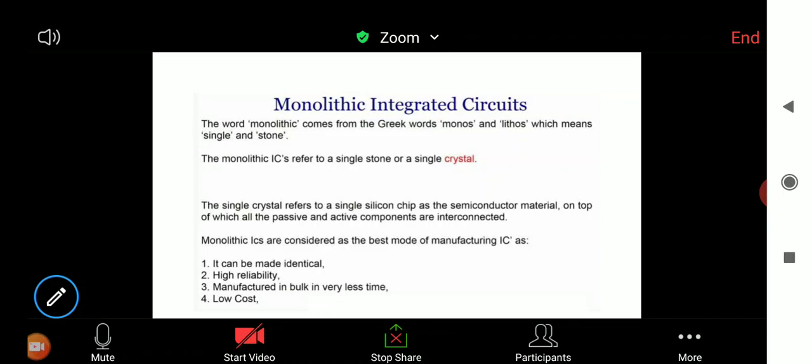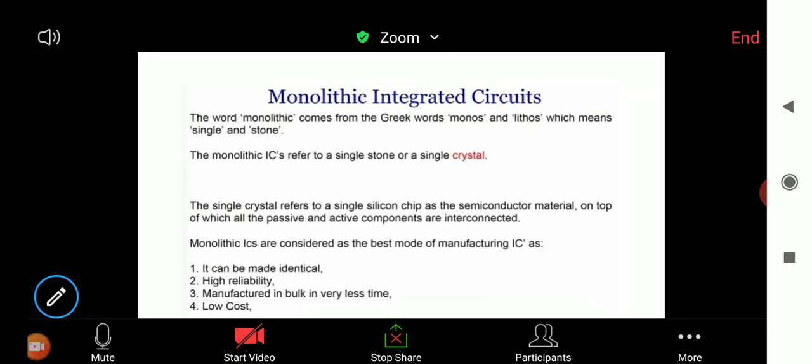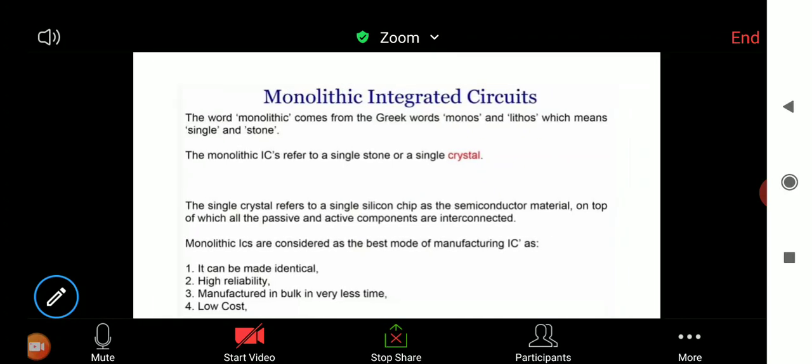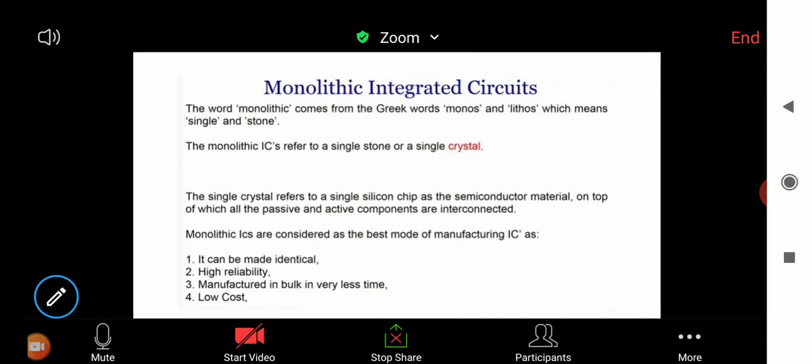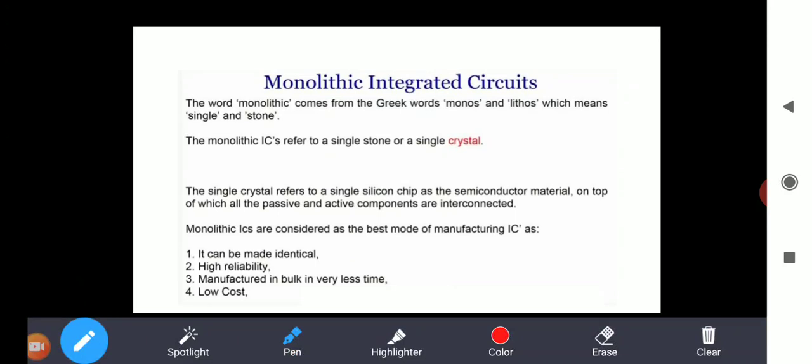The word monolithic comes from the Greek words monos and lithos. Mono means single, lithos means stone, so a single stone.